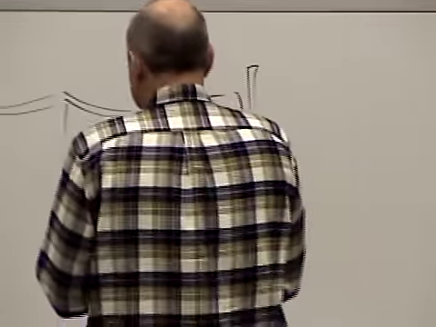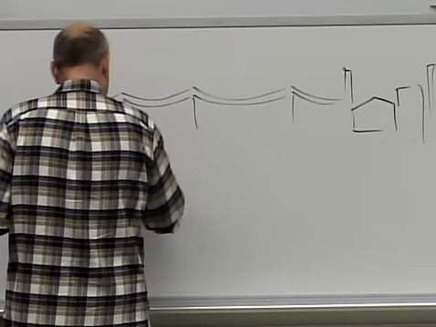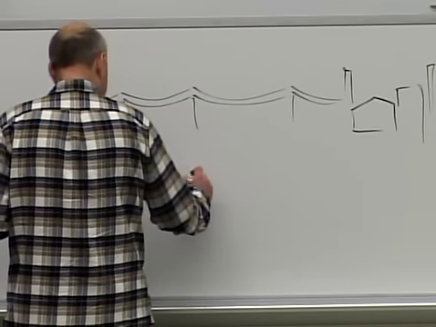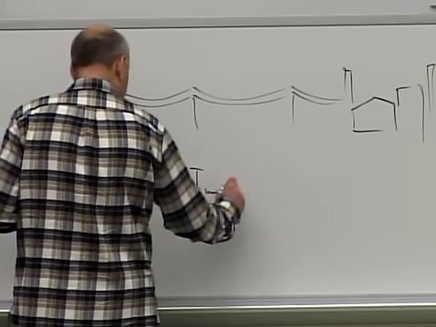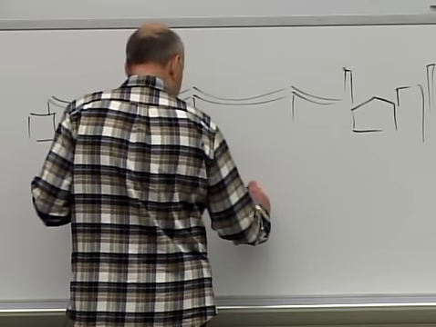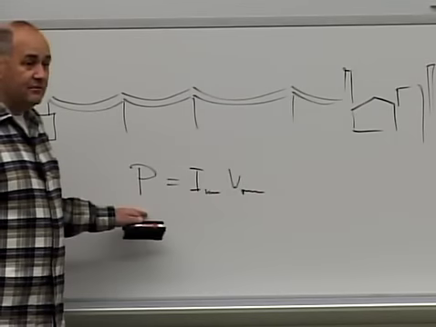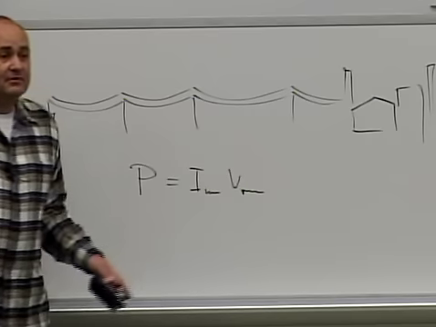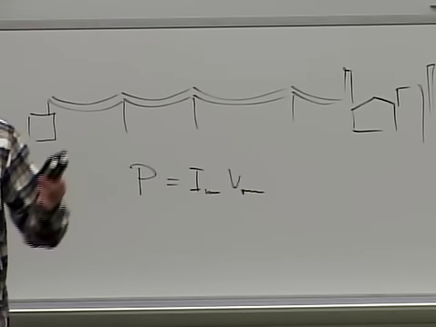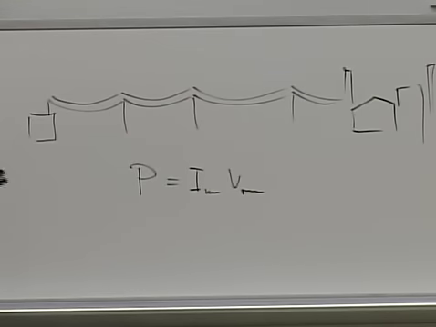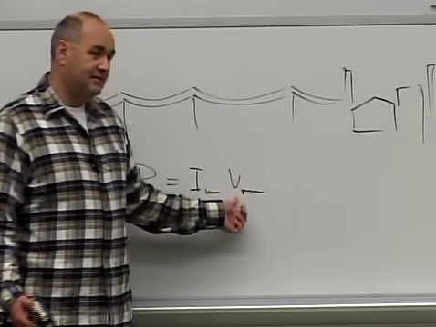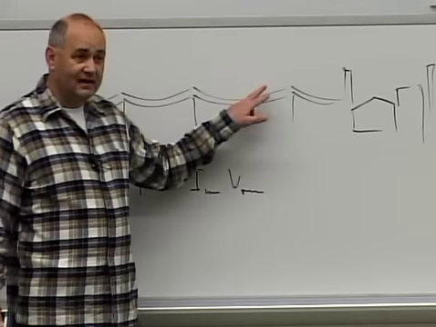Well, power delivered to the city is equal to the root mean square value of the current times the root mean square value of the potential difference. Now, if we want to deliver a certain amount of power, let's say 1 megawatt, and we play with the potential difference between the two wires.